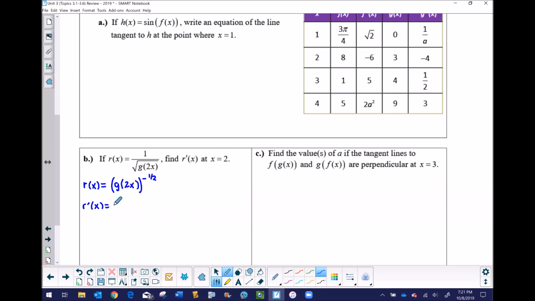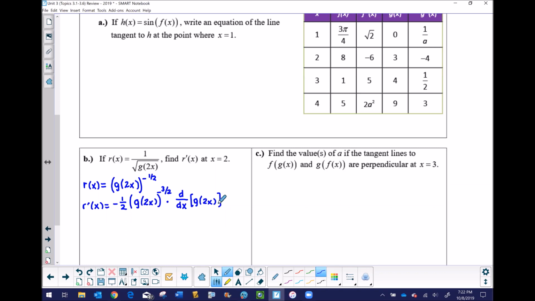If we talk through this very slowly, the negative 1/2 would come out in front, and then we would have g of 2x all raised to the negative 3/2, unfortunately. Yep, it's the negative 3/2. And just so I don't lose anybody, I'm going to write down the derivative setup. I'm not going to necessarily take the derivative just yet.